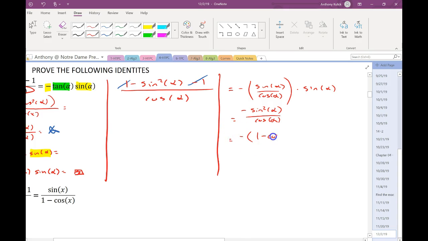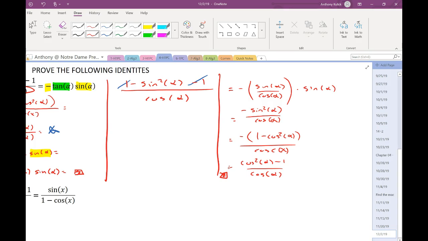And then I'll just turn sine squared into 1 minus cosine squared, and then distribute through the negative. And we're done. Does that make sense, going that way? I think things are just a little bit more obvious going on the right-hand side than the left-hand side. But I don't know that that would have been obvious just by looking at it for most of us.